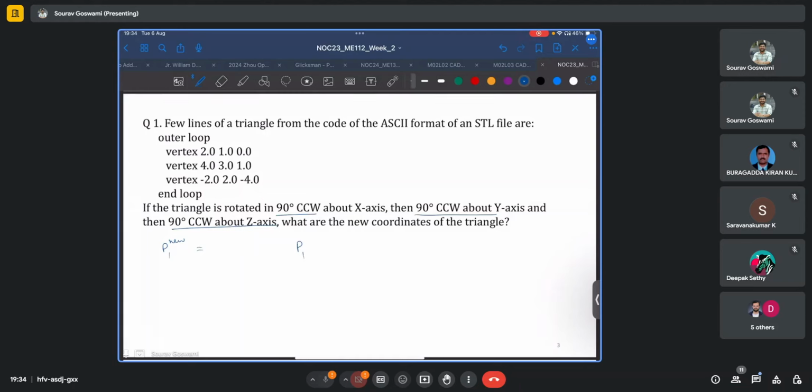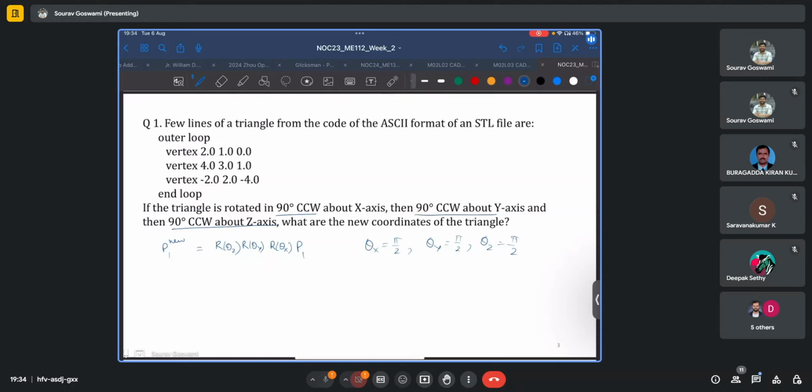You start with rotation about the x-axis, then y-axis, and then z-axis, and you end up with the new point. Also you have the angles given here. So theta x is pi by 2, theta y is pi by 2, and theta z is pi by 2 as well.